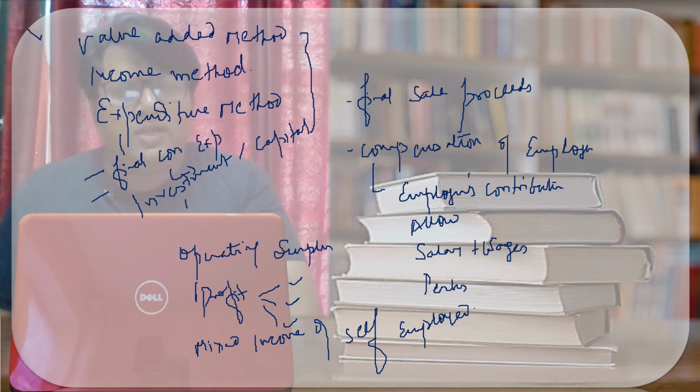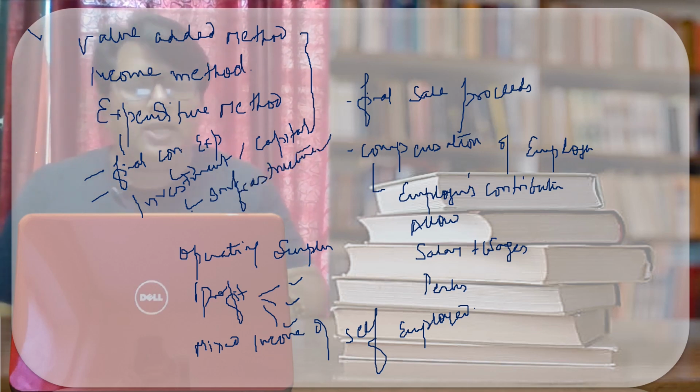Under the investment, infrastructure comes. It means that the government is incurring the investment on the infrastructure development. So the expenditure made by the government on infrastructure will be considered in the national income.